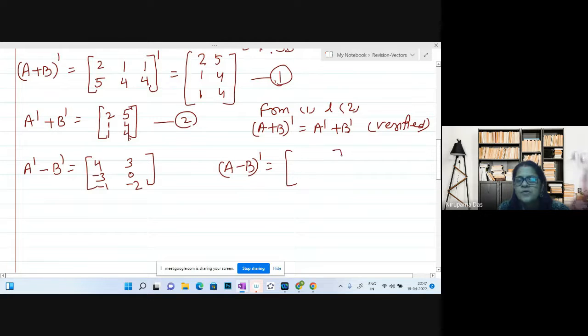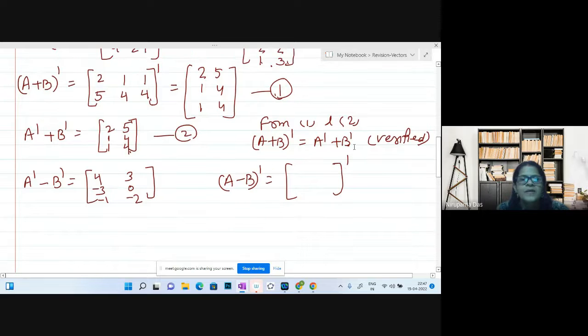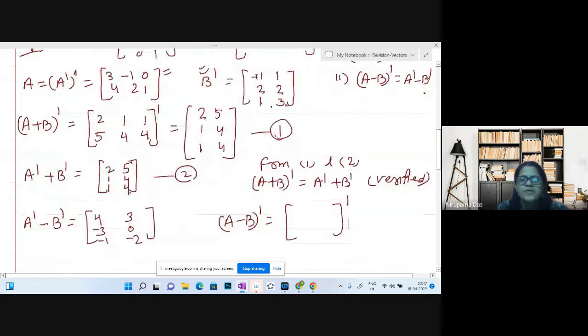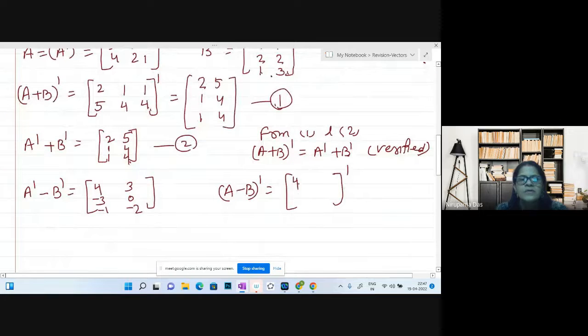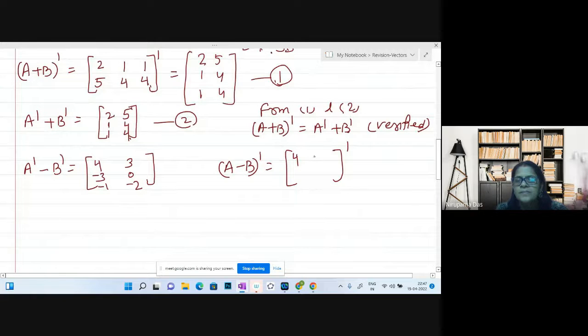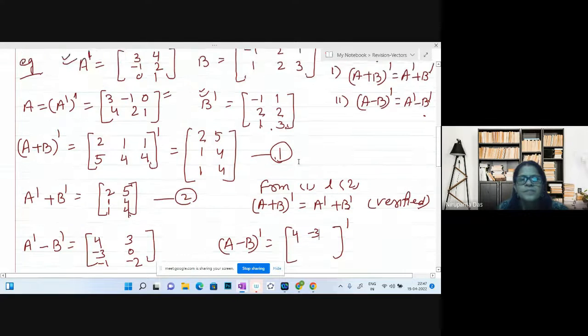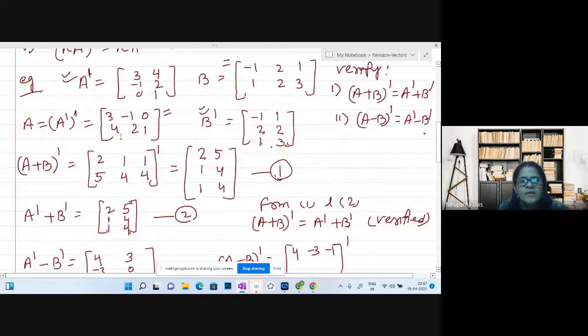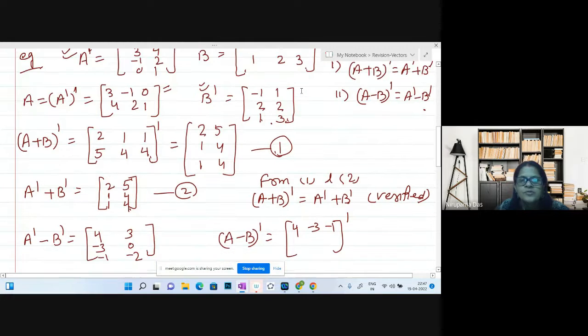So the transpose of A minus B. Here 3 minus of minus 1 is 4, then minus 1 minus 2 is minus 3, 0 minus 1 is minus 1. Then here 4 minus 1 is 3, 2 minus 2 is 0, 1 minus 3 is minus 2.